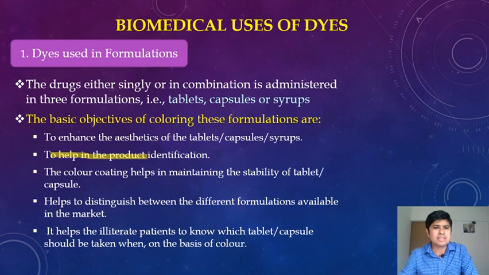The next objective is that the color coating helps in maintaining the stability of a tablet or a capsule. That tablet and that capsule become more stable by color coating.